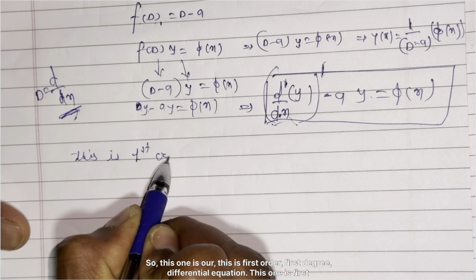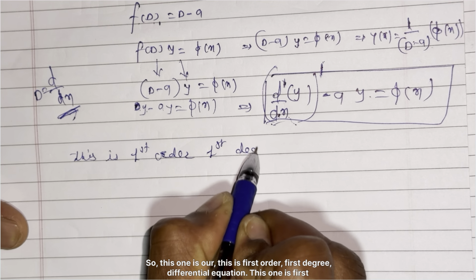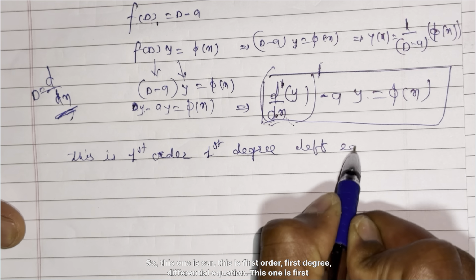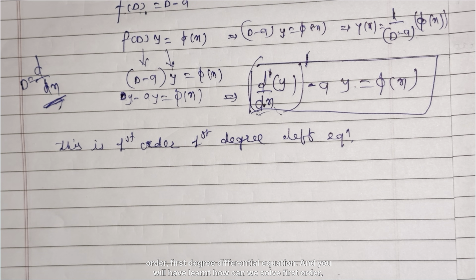You all have learned how to solve a first order, first degree differential equation in your previous class or in your 12th standard, or you can check my first lecture, where I explained how to solve it.